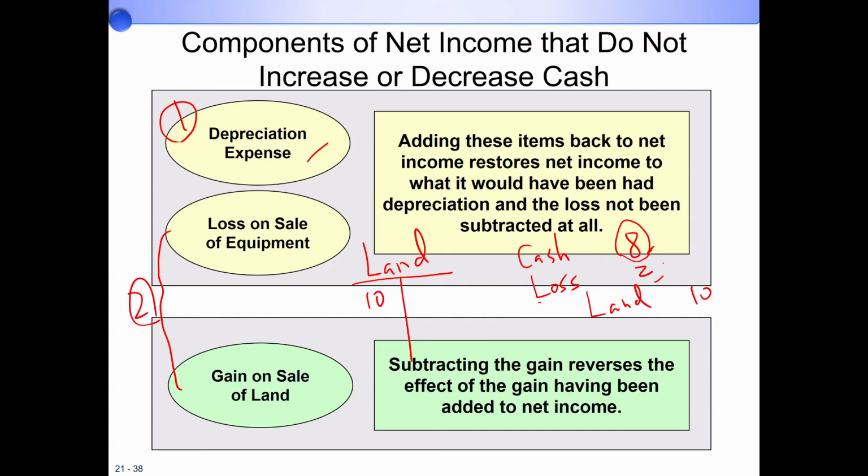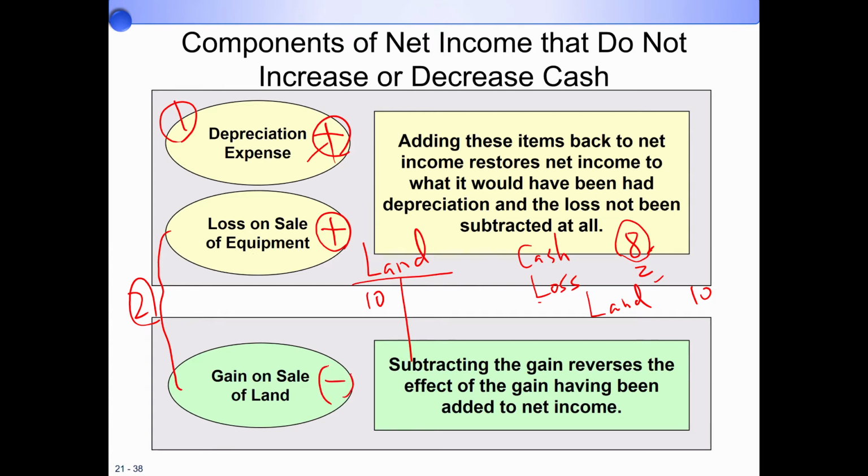We're talking about cash from operating activities, so that's why we want to add it back to the net income. So the loss we need to add, and similarly the gain we need to subtract.